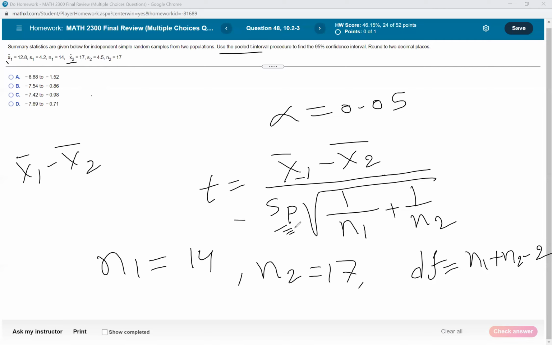This is the formula for the test statistic, but for the confidence interval it will be t alpha over 2 times sp times the square root of 1 over n1 plus 1 over n2. You have to use this formula, the formula for the pooled t interval, to find the confidence interval.